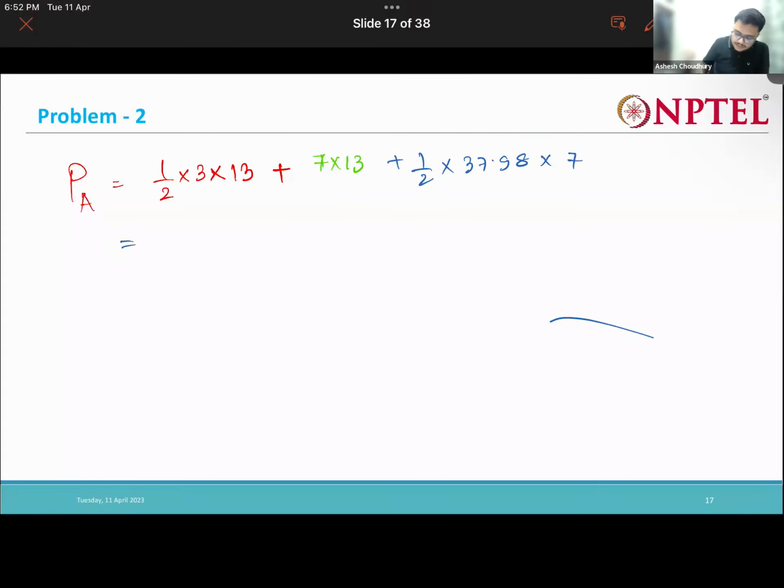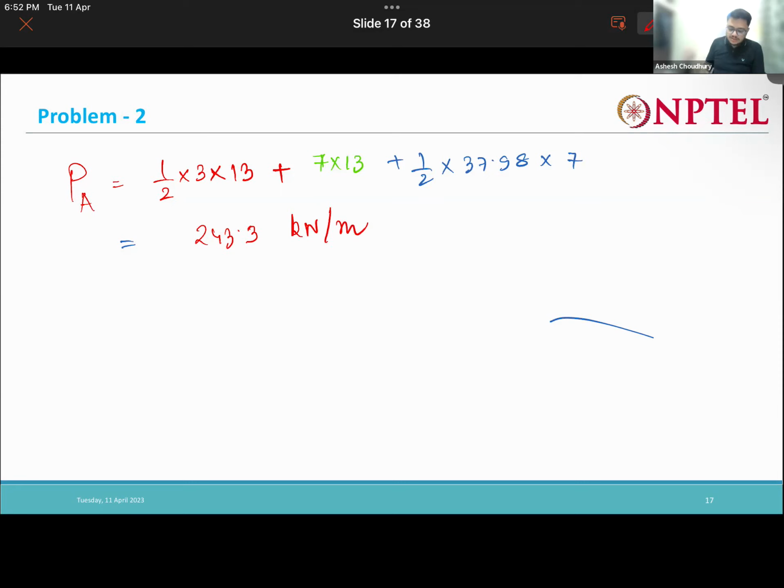So please calculate. 243.3. Unit will be kilonewton per meter. Okay, so PA you got.